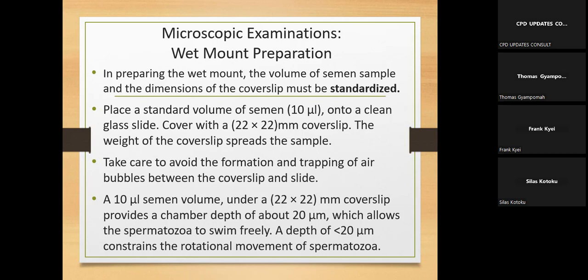You are sure that you are going to get a certain suspension. The cover slip is definitely not going to be on top of the slide. It is going to be on top of the suspension, so between the suspension and the slide is where the specimen is, and that is giving you a depth.